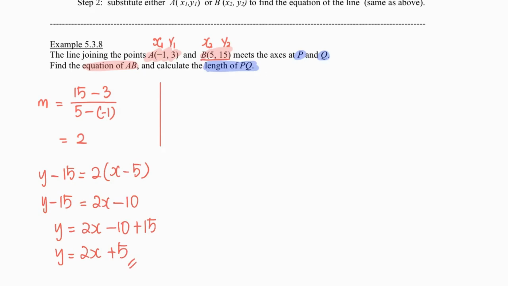Let's move on to part B, to find the length of PQ where P and Q are where the line meets the axes. Since they never tell me whether it is P or Q at the x or y axis, I'm going to just let P be the x-intercept.